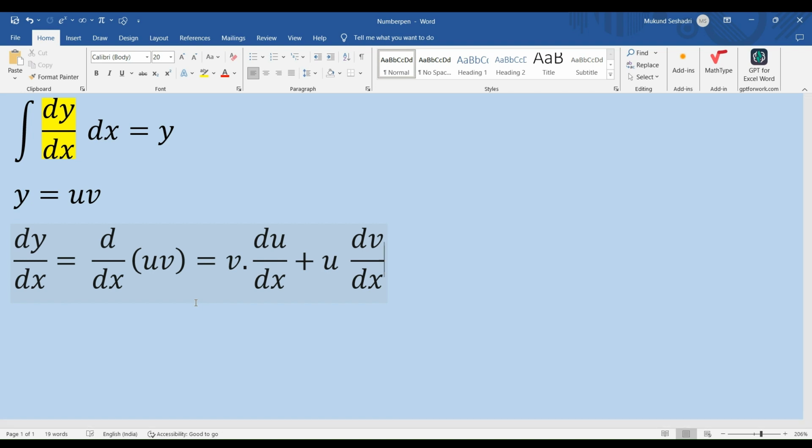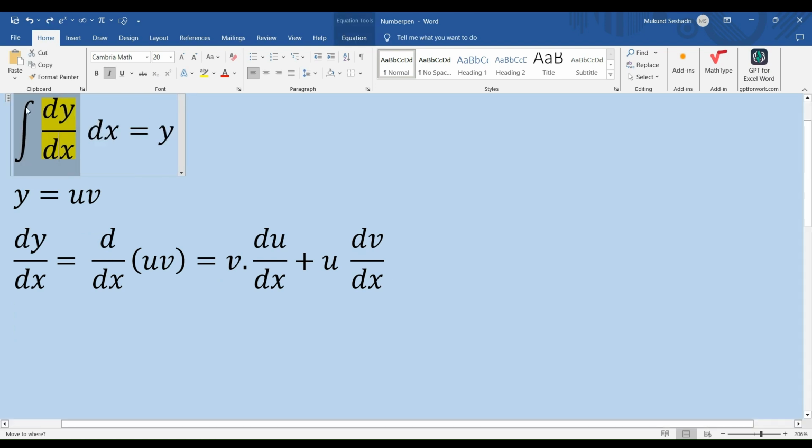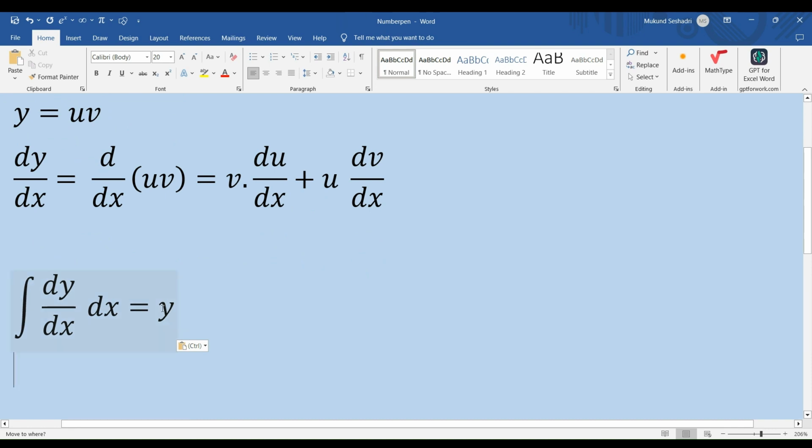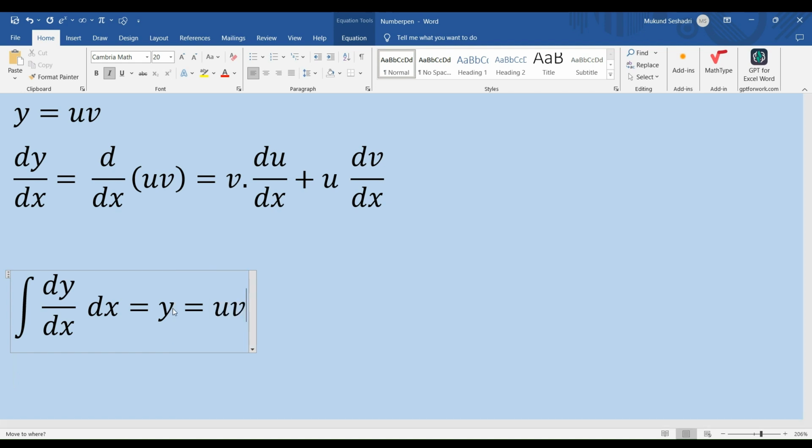Let's go to the next step and integrate this on either side, right? And when I integrate this on either side, what happens to my LHS? My LHS is nothing but integral of dy by dx times dx, which is equal to y, which is nothing but equal to uv, right?